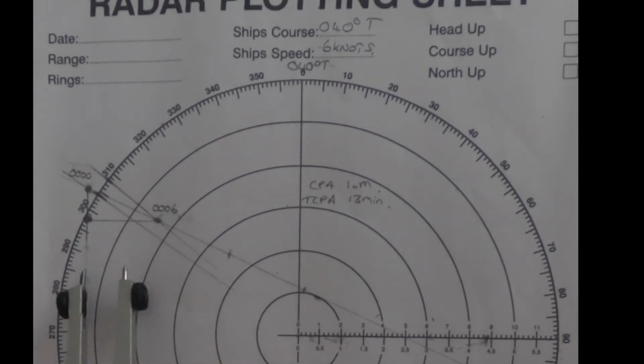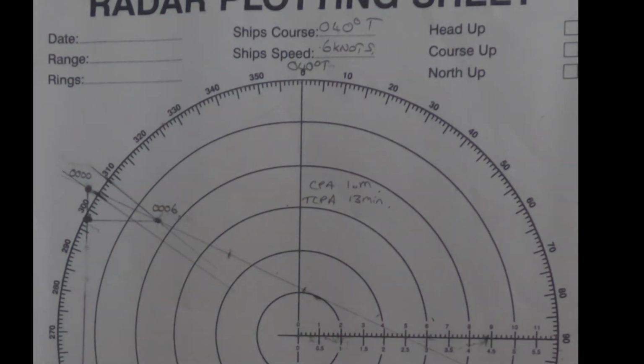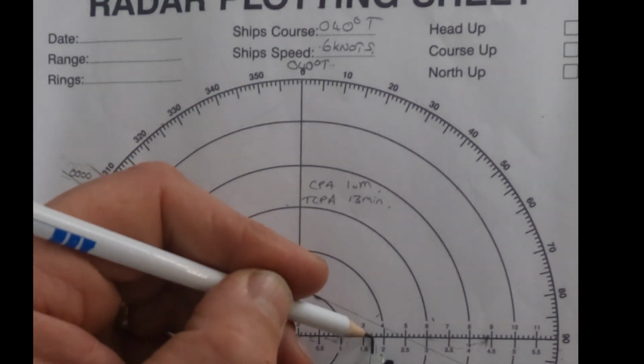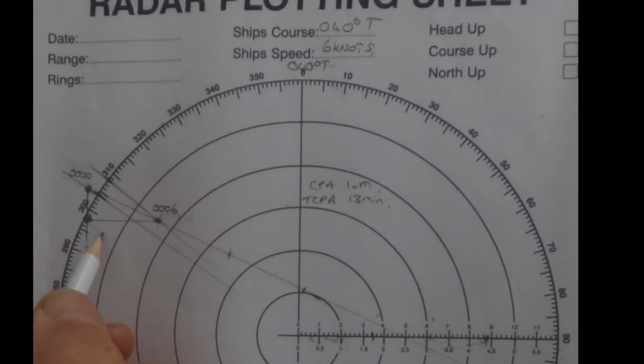So if we measure this distance here, measure it on here, it's doing 1.7 miles, multiply it by 10, it's doing 17 knots. So this vessel is doing 17 knots.